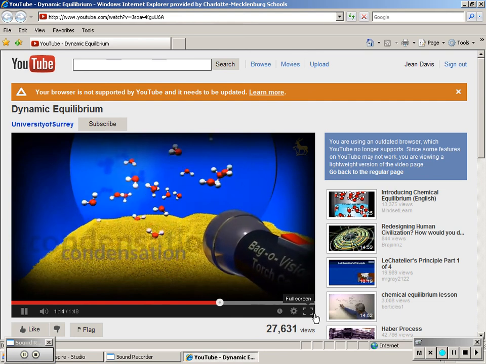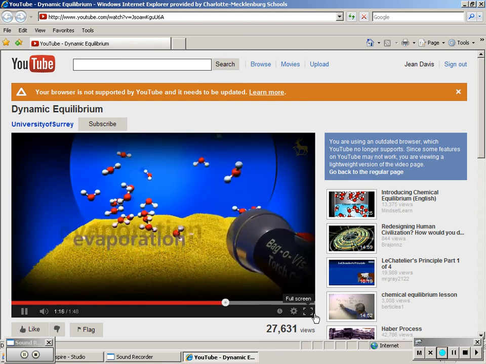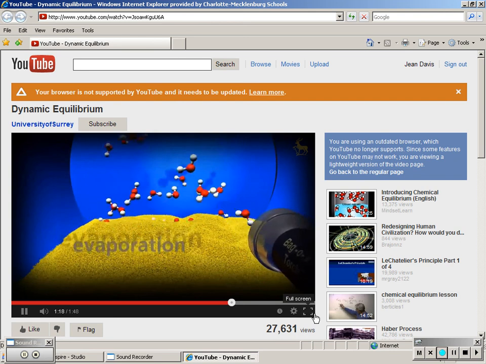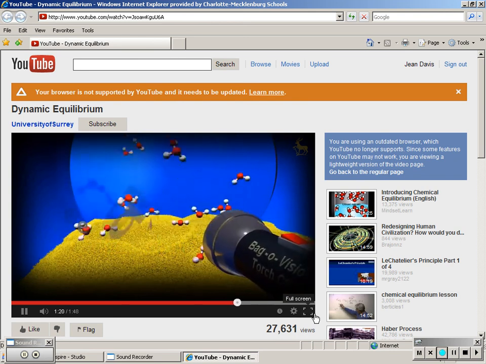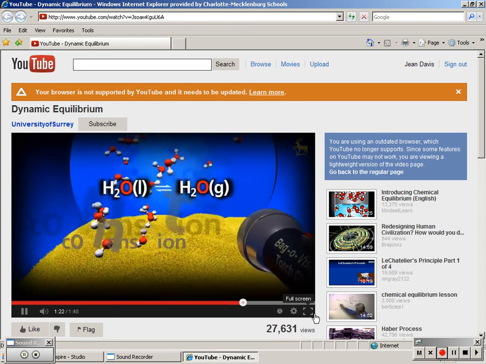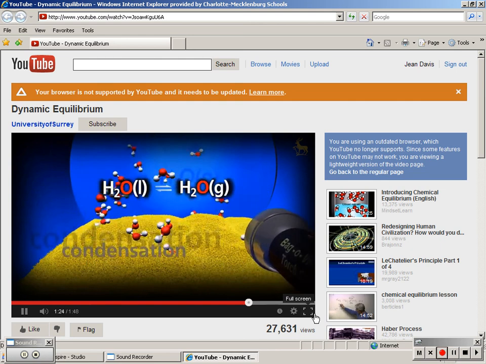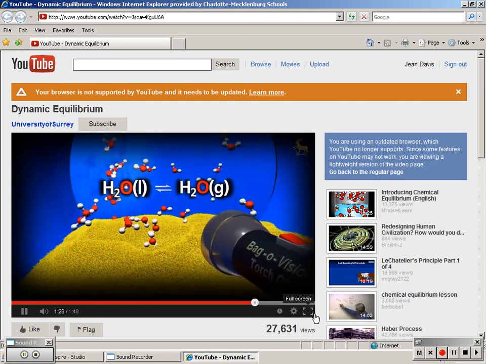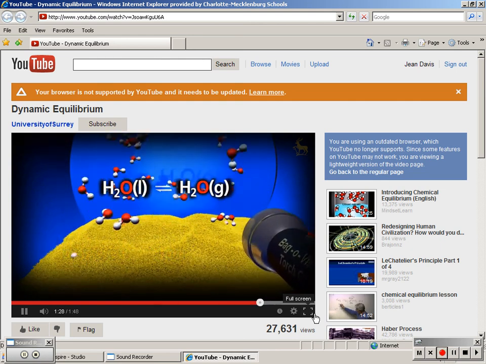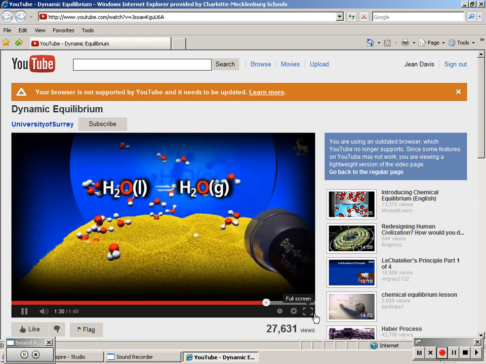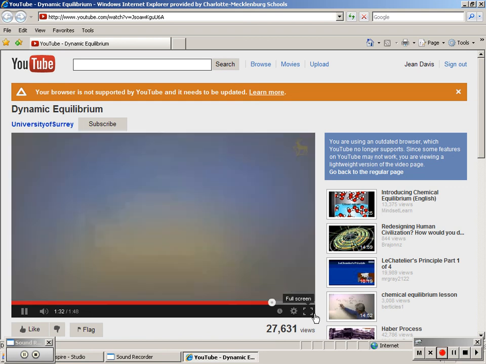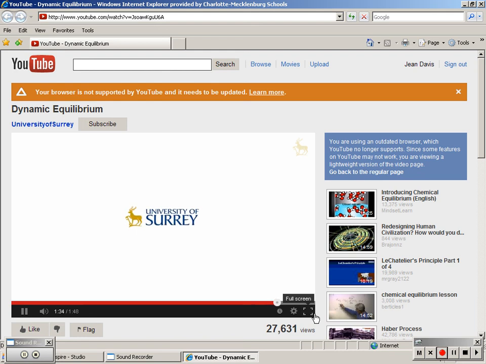The rate of evaporation exceeds the rate of condensation until the vapor becomes saturated. At this point, a balance is reached where the rate of evaporation equals the rate of condensation. A state of dynamic equilibrium is reached, represented by a double-headed arrow. Dynamic equilibrium only occurs in closed systems.